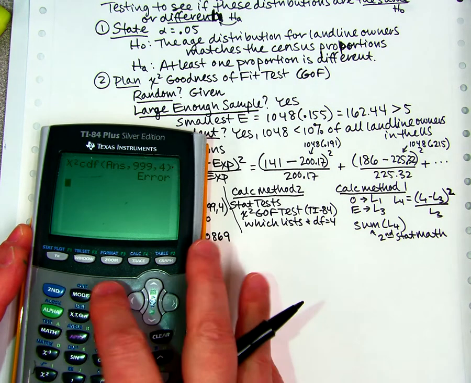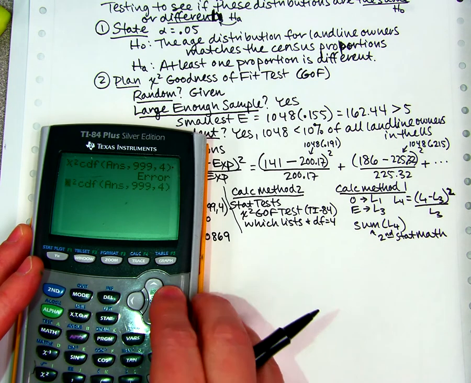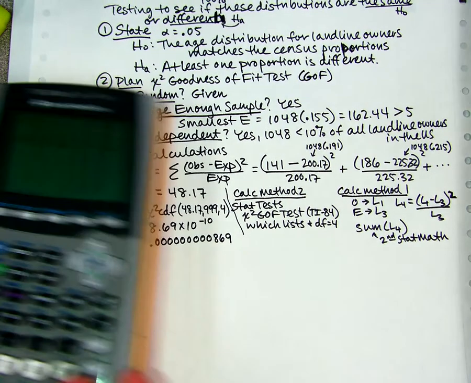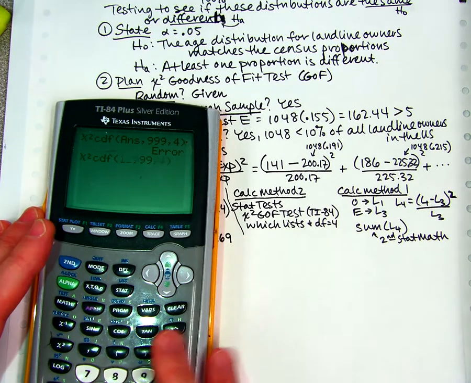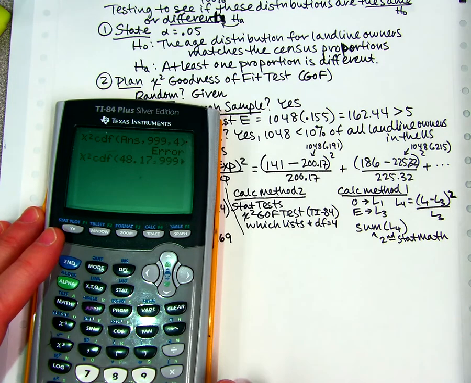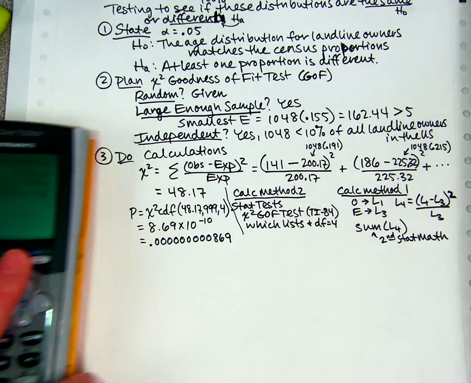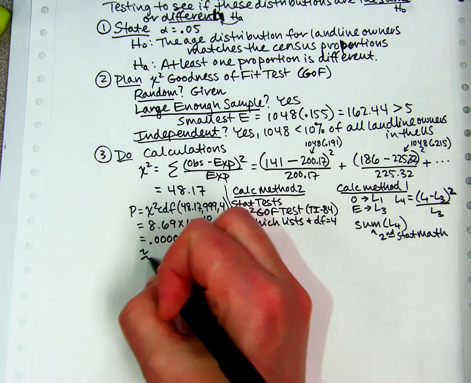Actually, I'm going to just do it again by typing in my 48.17. Okay. Yeah, that's about the same. Really, really small p-value. It's approximately 0.